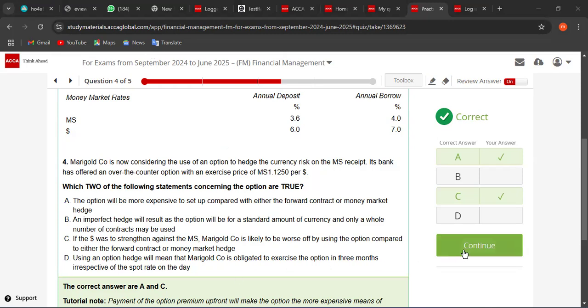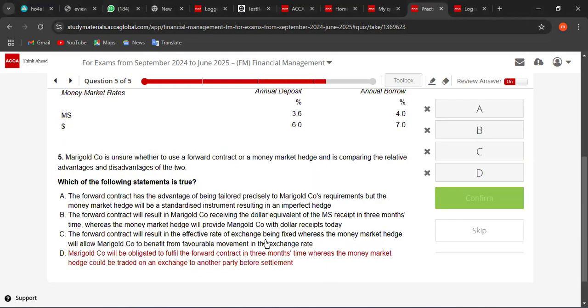Now see guys, which of the following statements is true? M company is unsure whether to use a forward contract or a money market hedge and is comparing the relative advantages and disadvantages of the two. The forward contract has the advantage of being tailored precisely to requirements, but the money market hedge will be a standardized instrument.